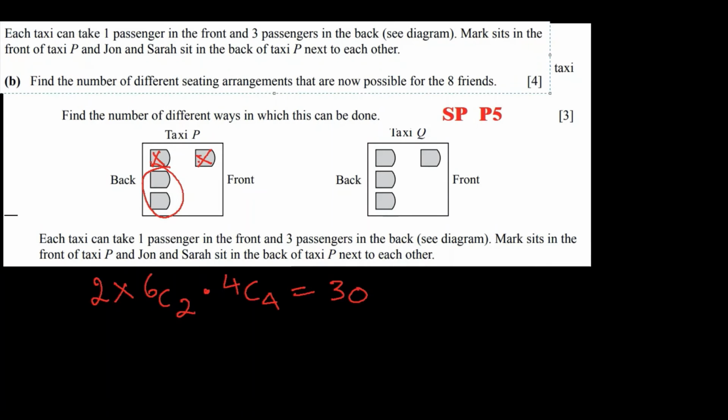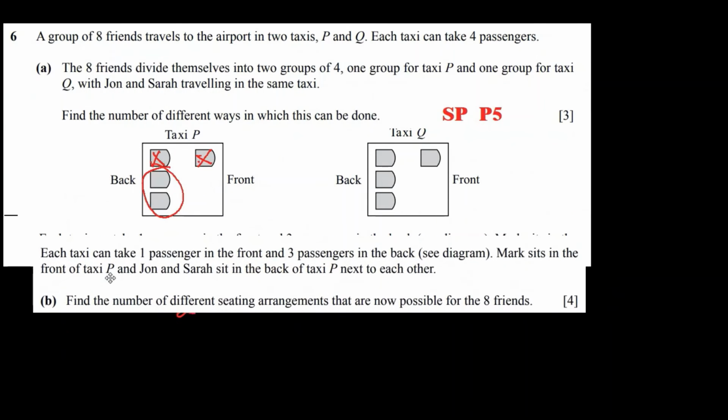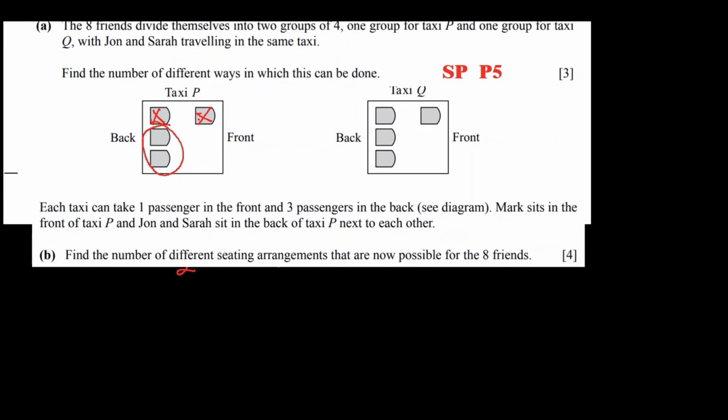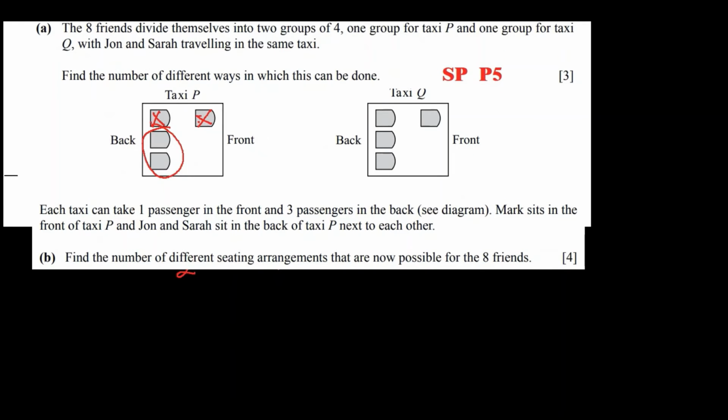Okay, there is another part for this. This was already visible here. Each taxi can take 1 passenger in front and 3 passengers in back, like the diagram is shown. Okay. Mark sits in the taxi P. Okay, let me change the color so that it's clear. He sits in taxi P. Alright, and John and Sarah sit in the back of taxi P next to each other.